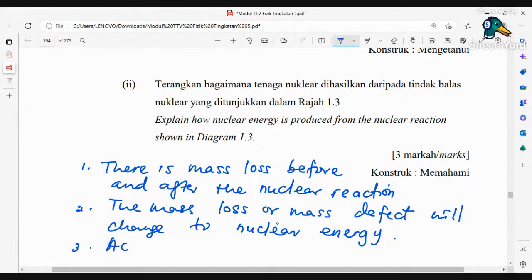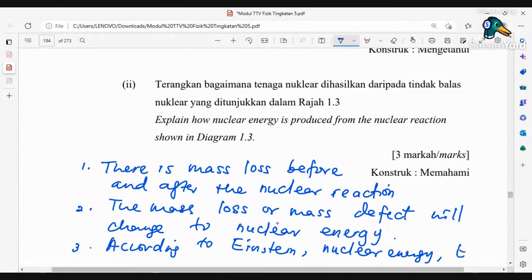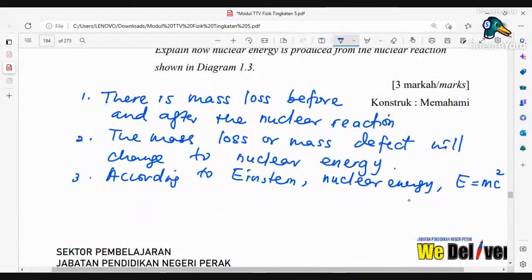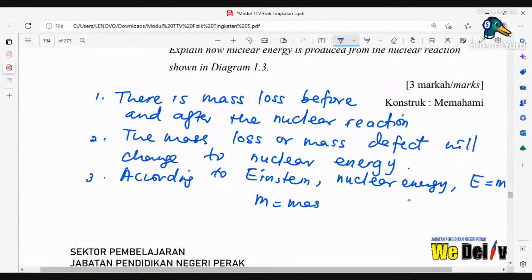According to Einstein formula, nuclear energy E equals to mc squared. You can define the formula. M is mass defect, C speed of light.